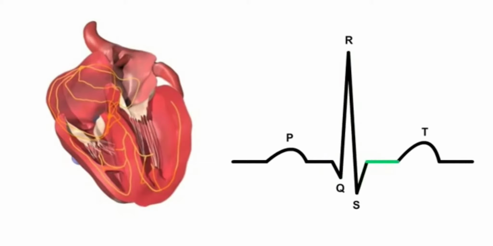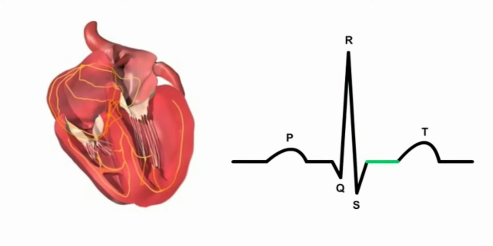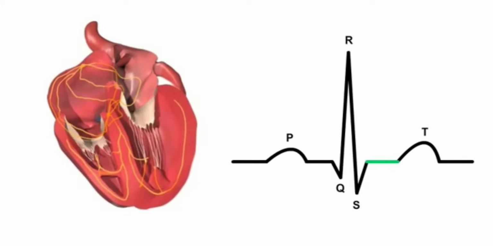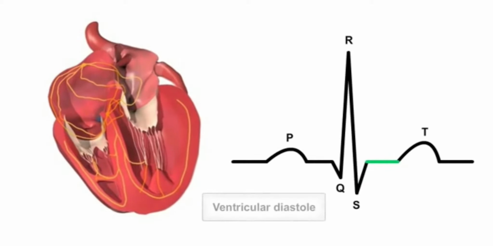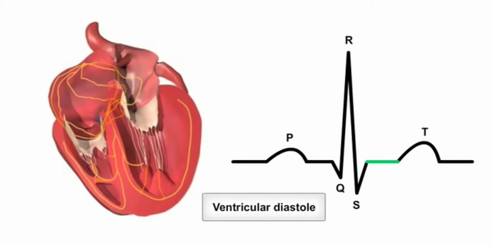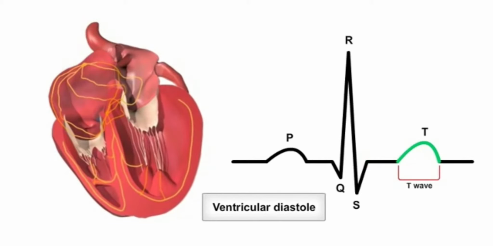Later there will be a flat line in which the heart starts to relax, or the repolarization of heart initiates, and the repolarization of the ventricles is denoted by the T wave.